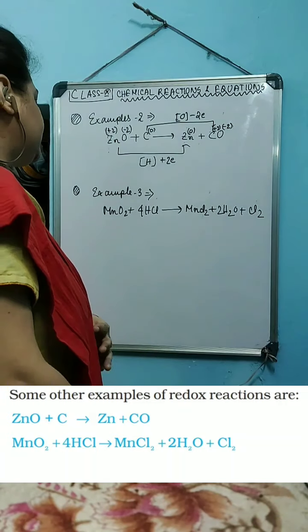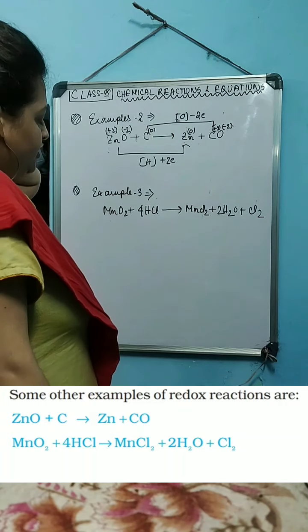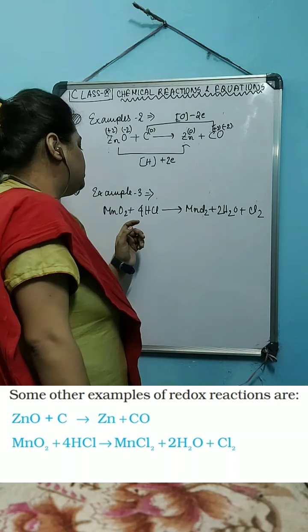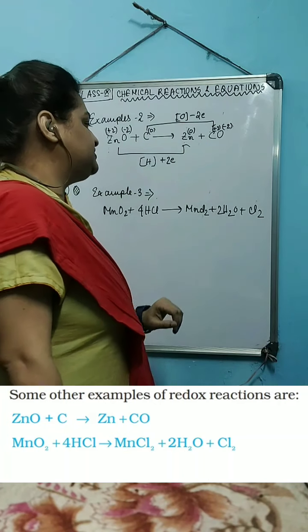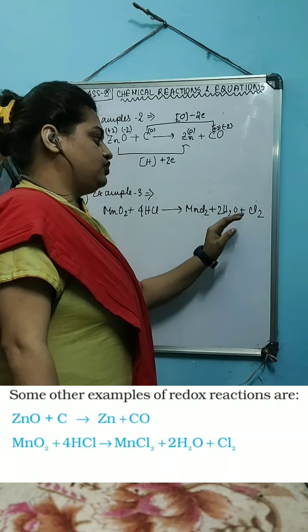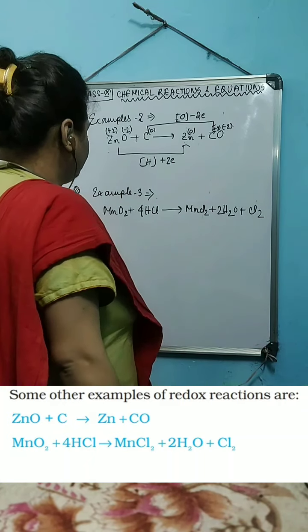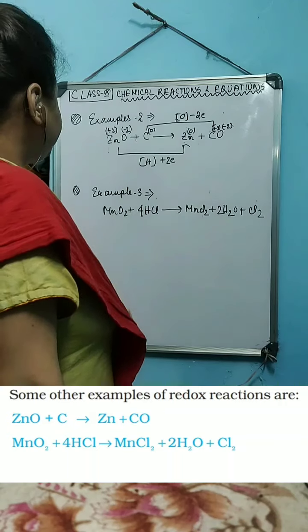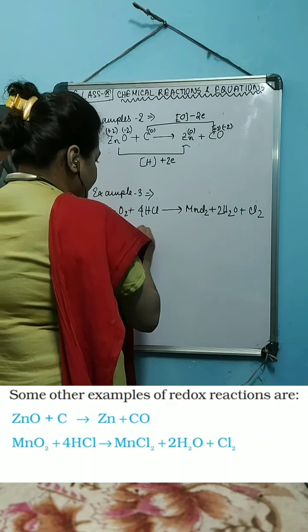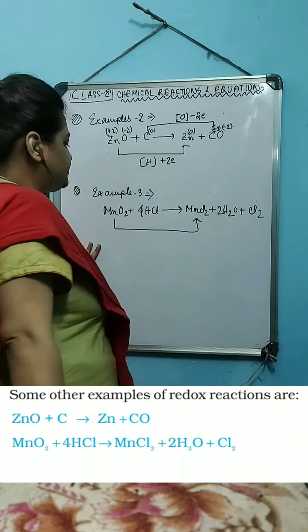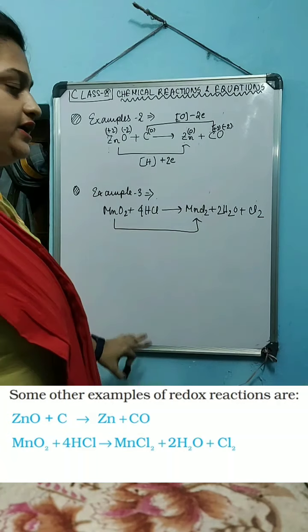Let's go to the next example, where manganese dioxide, MnO2, is reacting with 4HCl, producing MnCl2, 2H2O and Cl2. In this reaction, manganese dioxide is losing 2 oxygen to produce MnCl2.